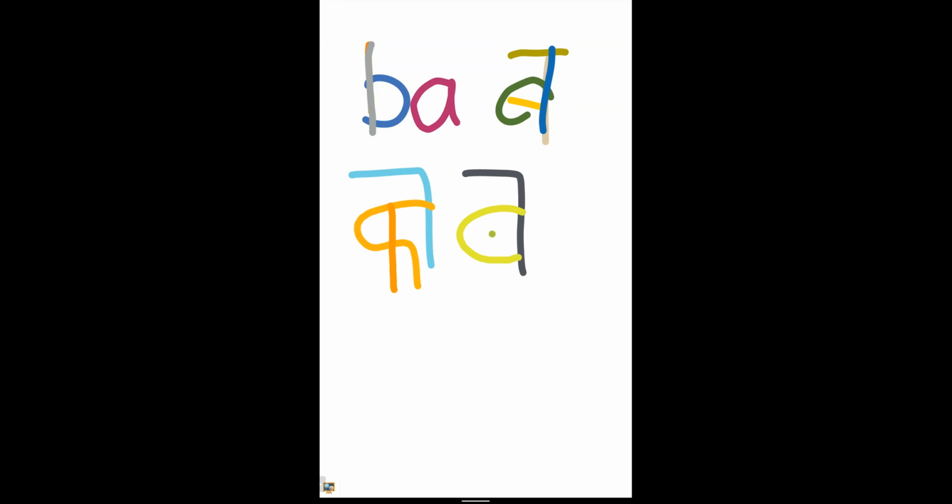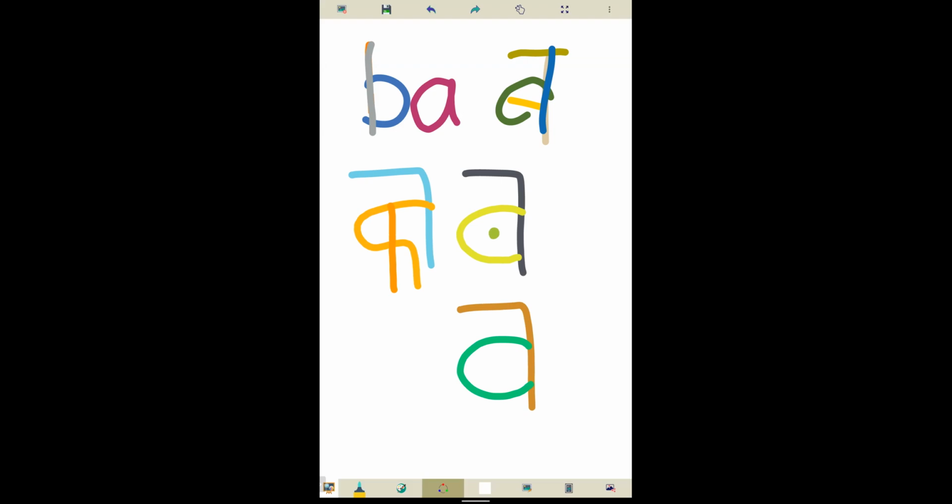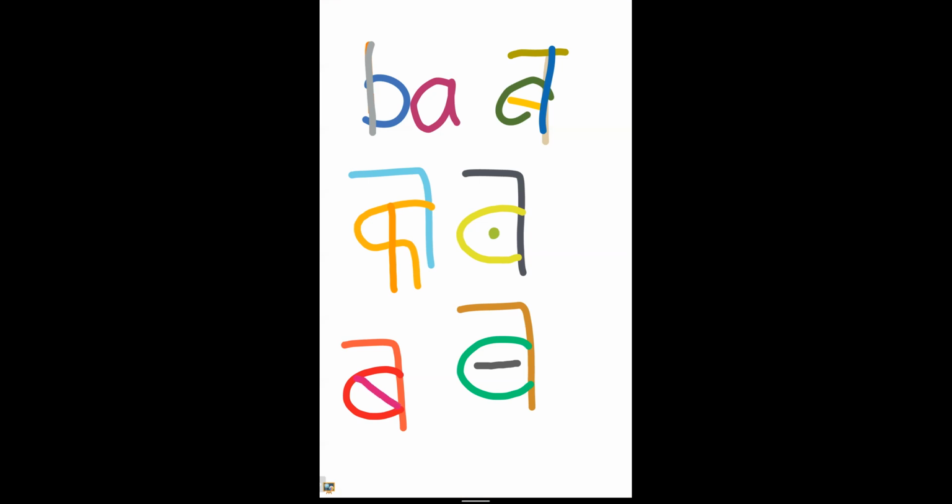You see there is a dot in the middle, the center. And then you have a horizontal line. Sometimes the line may go from the top to this corner. You can see the development slowly going towards the Devanagari alphabet.